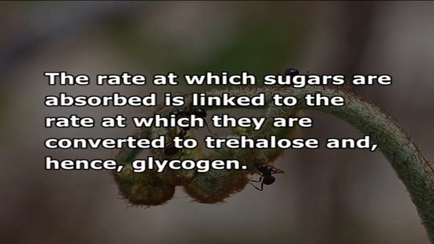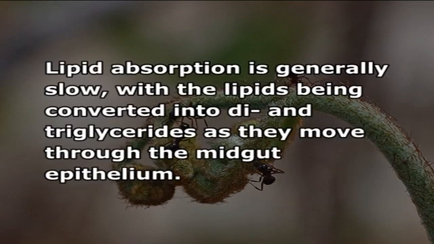The rate at which sugars are absorbed is linked to the rate at which they are converted to trehalose and hence glycogen. Lipid absorption is generally slow, with the lipids being converted into di- and triglycerides as they move through the midgut epithelium.